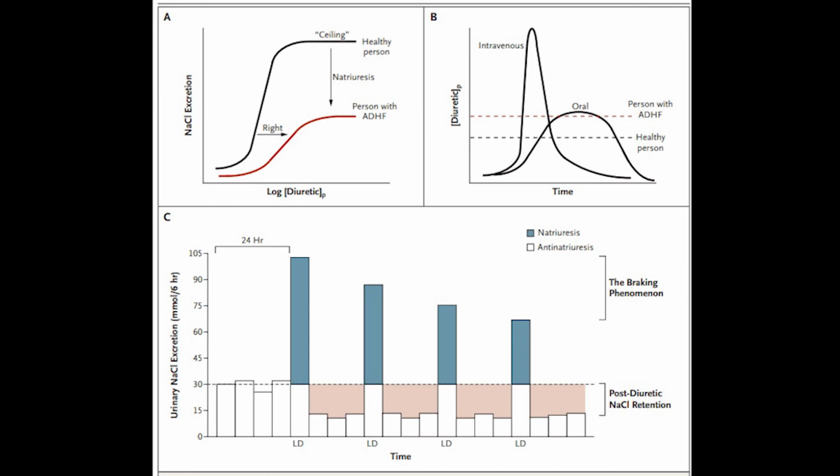And really, the concept is basically saying that over time, after several hours of using a dose of loop diuretic, you are going to have urinary excretion, but then that's going to be followed by a period of very low sodium excretion, and that's going to be termed the post-diuretic sodium retention.